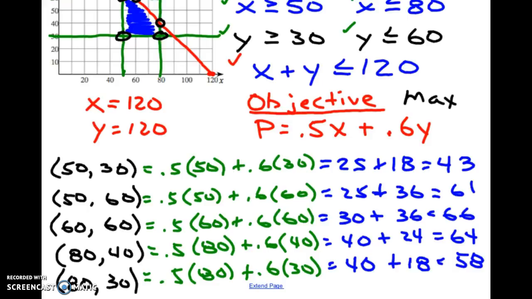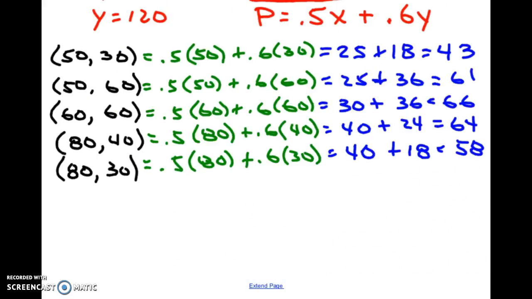So since we're trying to maximize the profit, looking for the one with the biggest value, that's 66.